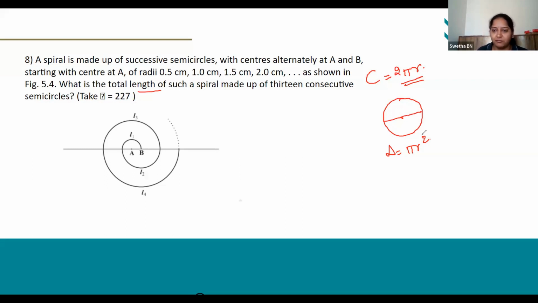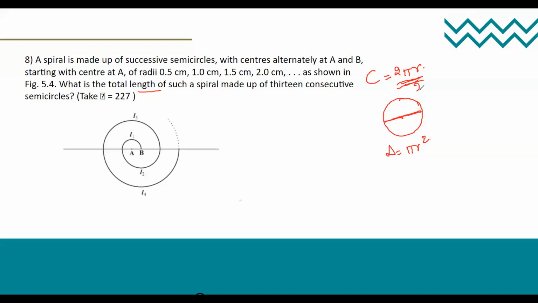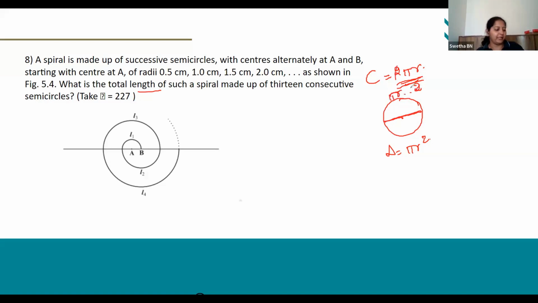Tell me, for whole circle, the circumference is 2 pi r. See, we are taking only half circle right now, that is semicircle. Then what will you take? Ma'am, pi r. Very good. Half of 2 pi r, that is pi r. Okay, we take pi r.